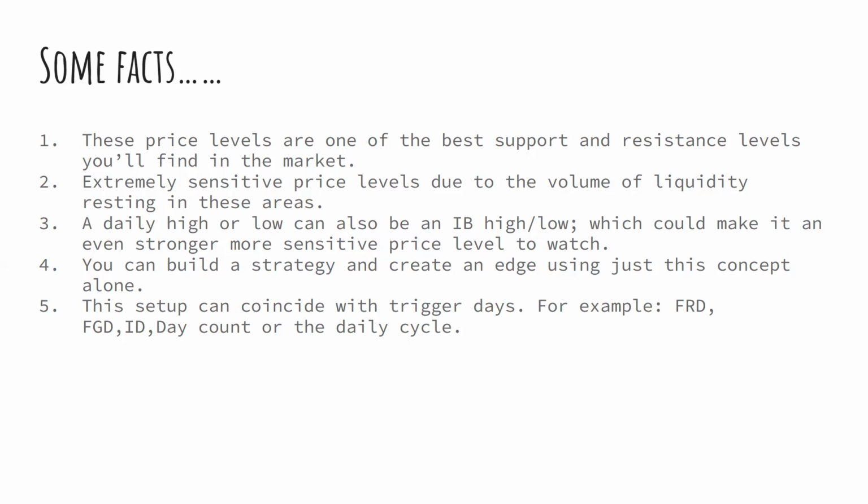So if it was Tuesday's high, for example, which would be the initial balance high and or low, possibly, or Monday, and say Tuesday was the previous day, we're now in Wednesday, it could be that on Tuesday the price level would have passed Monday's high or low, and then that becomes the initial balance high or low, and then that also becomes the previous day's high or low. So it is in that sense that I speak. And this now would make it an even stronger and more sensitive price level to watch.